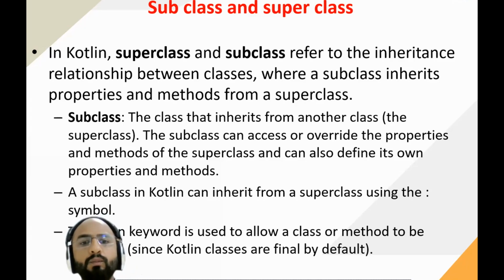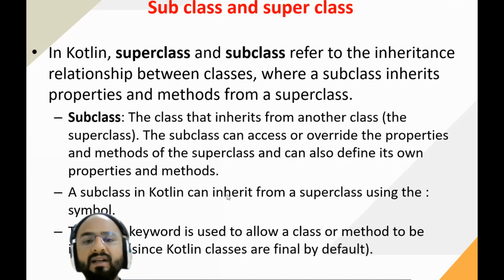Now, what is a subclass? A class that inherits from another class, its superclass. We can say a child class also. The subclass can access or override the properties and methods of the superclass and can also define its own properties and methods.